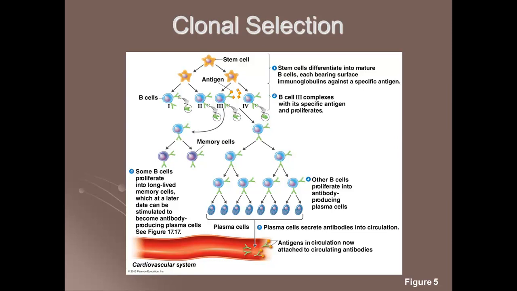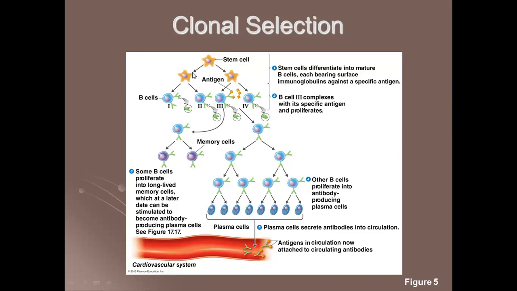Let's take our clonal selection, and we know that the B cells mature in the red bone marrow. From there, they travel to the lymphoid tissue. Here, they're going to be challenged by antigens. Again, we have 4 different B cells here, and one type of antigen, which is like a diamond shape or square shaped, if you want to call it.